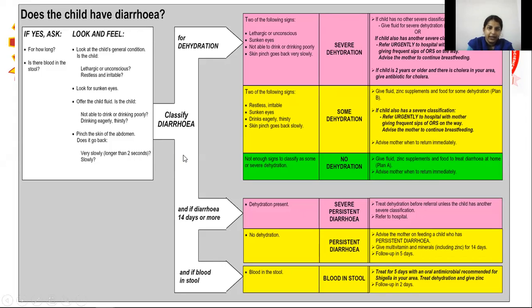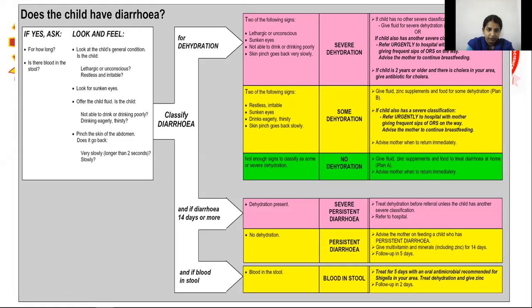So according to IMNCI, what are the things that we need to ask? Loose stools, for how long, to assess the duration, and whether there is any blood in stools, to differentiate between diarrhea and dysentery. Then feel and look for the child's general condition: lethargy or unconsciousness, to differentiate between some and severe dehydration. Look for sunken eyes.